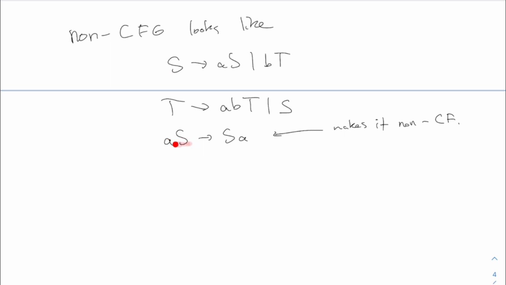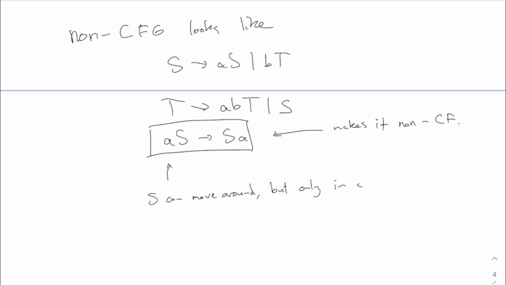Whereas this one here has something to do with the context. That is to say, we can rearrange the S, but only when it's to the right of the A. That's where the word context comes in. So my interpretation of this rule is something like S can move around, but only in some specific context.